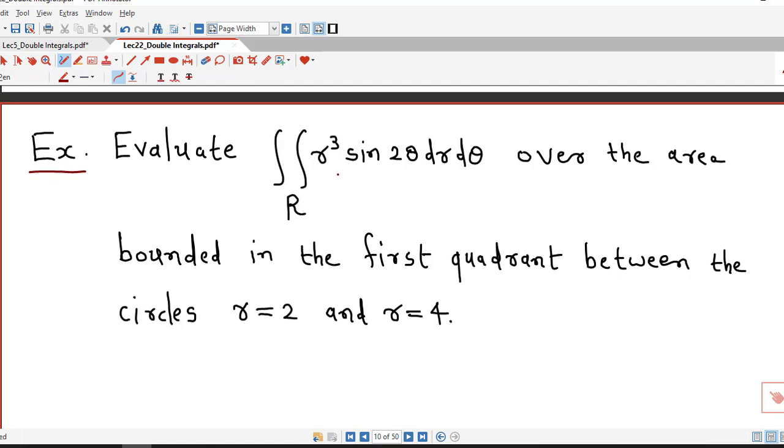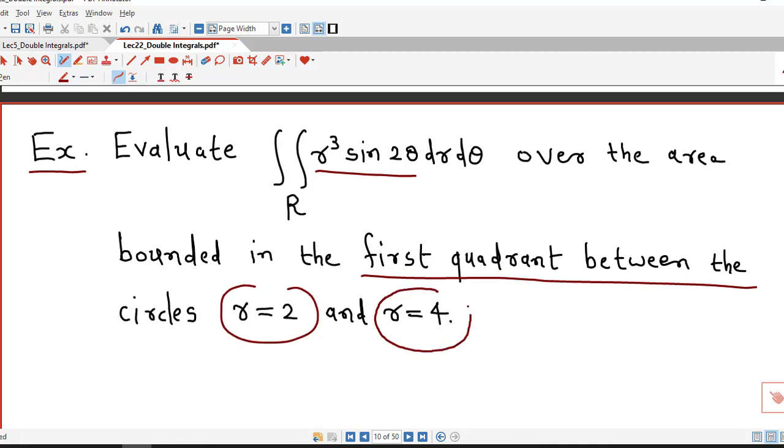Here we are asked to evaluate the double integral of r cube sin 2 theta over the area bounded in the first quadrant between the circles r equal to 2 and r equal to 4. Here our function is in polar coordinates and the curves are also in polar form, both circles, as we know that r equal to a represents a circle with center (0, 0) and radius a.